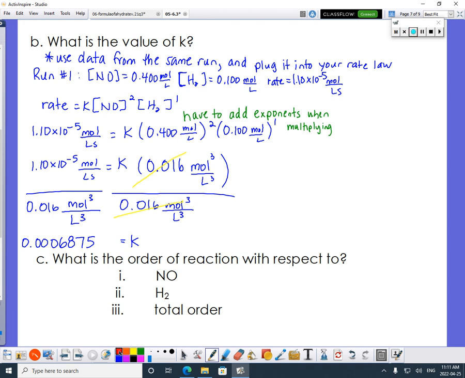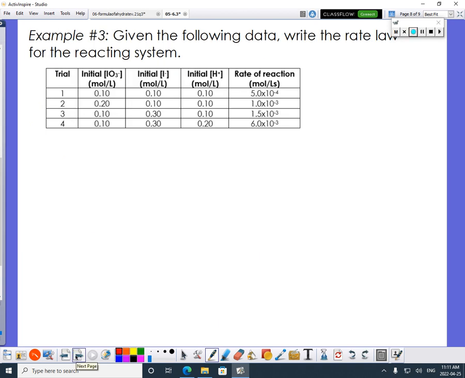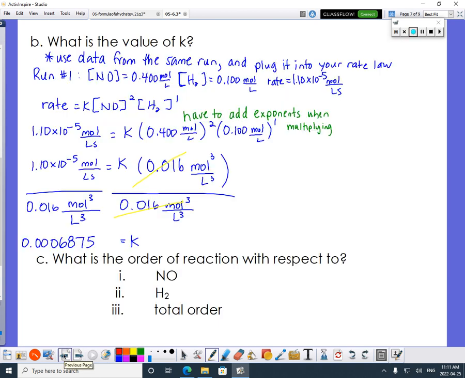Okay, so how do we deal with this? Moles per liter second divided by moles cubed, liters cubed. If you're asked to calculate k, and in the next example you're not, so you don't always have to, but you have to figure out the units separately every time. So I'm going to do that at the side. I'll even make a little box here. Maybe I'll do a better job.